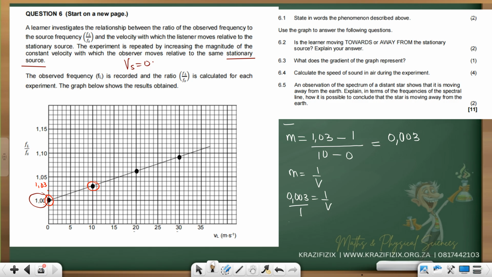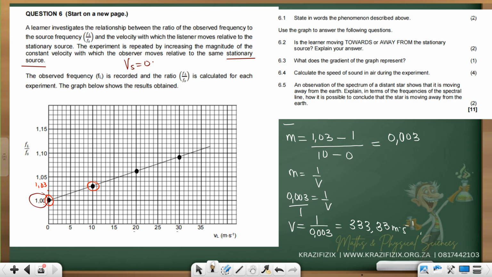What do you have? V becomes what? 1 over 0,003. And what would that give you? 333,33. All right, 333,33 meters per second.